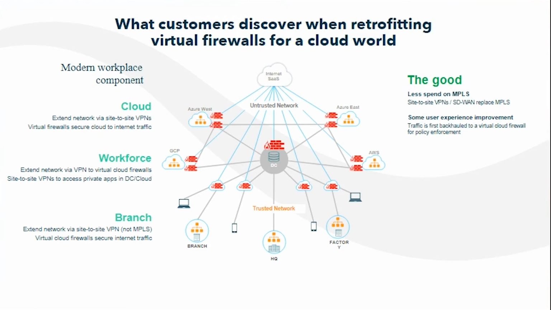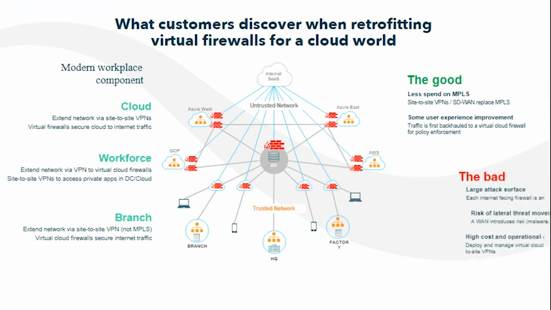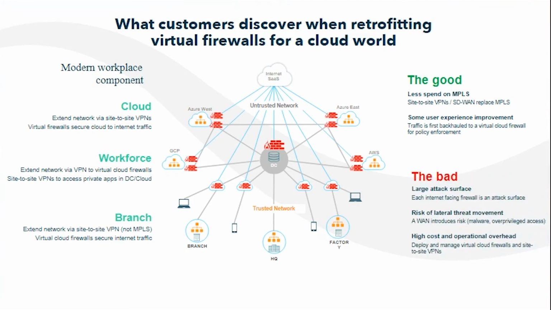Cloud workloads are often connected to the enterprise using site-to-site VPNs. This technology was born in 1996 by Microsoft. According to Gartner, in 2022, 70% of enterprises are still leveraging MPLS as their backbone to connect to remote offices. MPLS was developed in 1996 by Cisco and IBM.